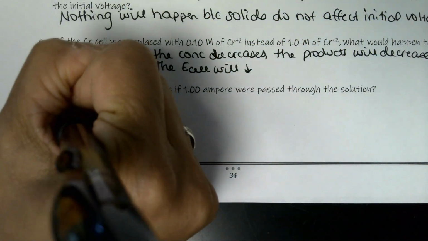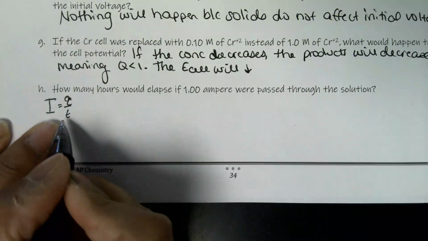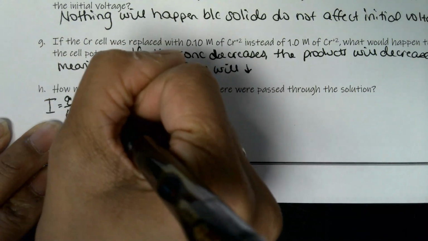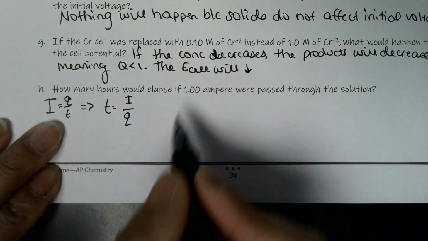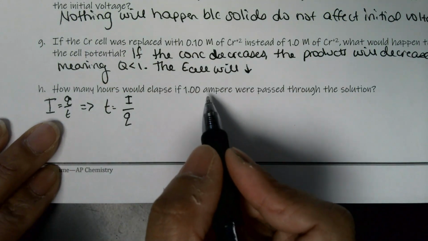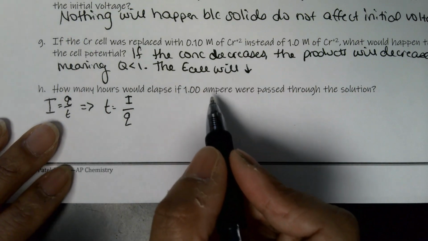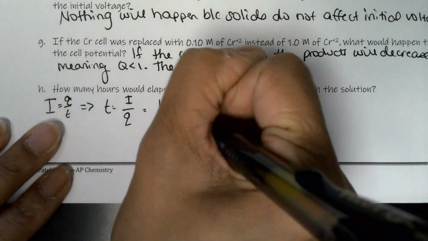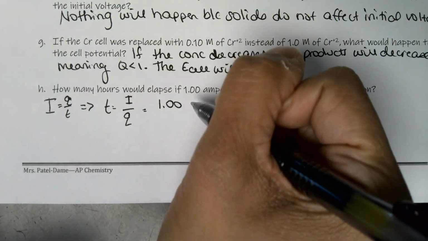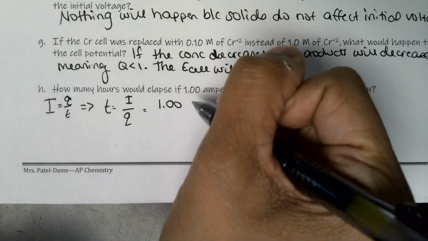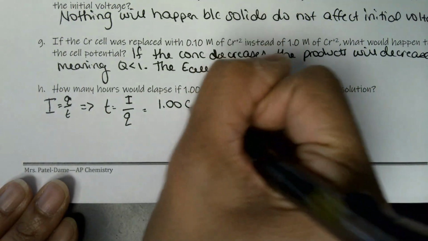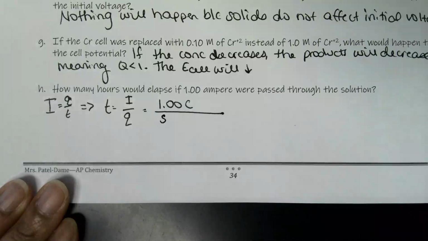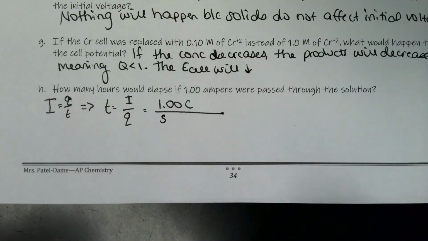I is equal to Q over T. I'm solving for T, so I'm going to rearrange this so that T is equal to I over Q. If I know I have, so for my I is my current, that's 1 amp. So 1.00 amps. But I also do recall that for my amps, that's also coulombs over seconds. I want to make it into that instead because I know I have to deal with time eventually in here.